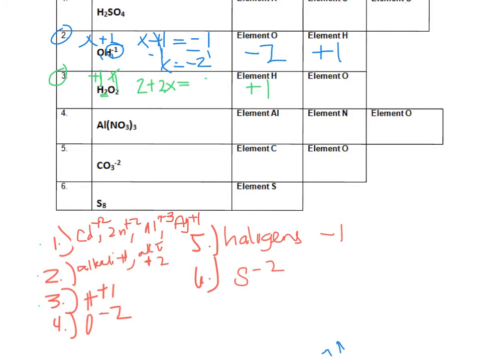And then the whole thing can equal 0 because it's a neutral molecule, there's no charge. So then let's carry this over, 2X plus 2 equals 0. 2X equals -2. And then divide by 2.